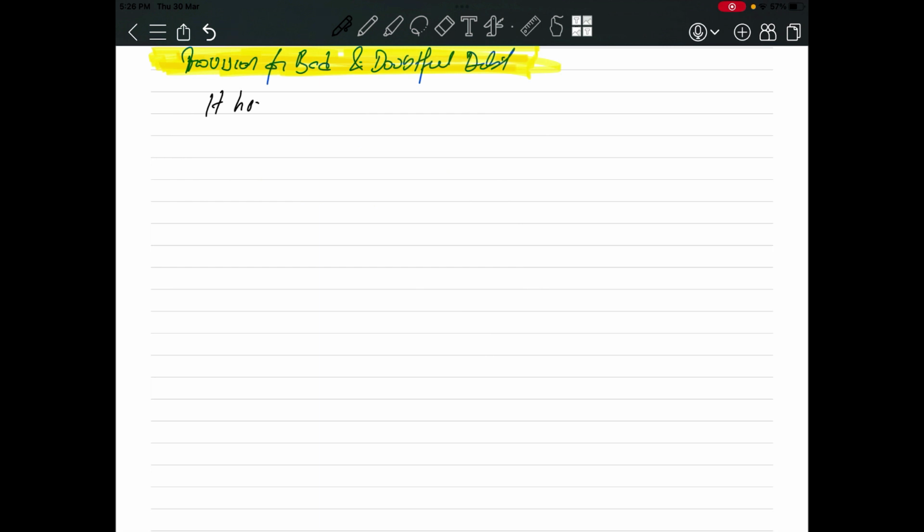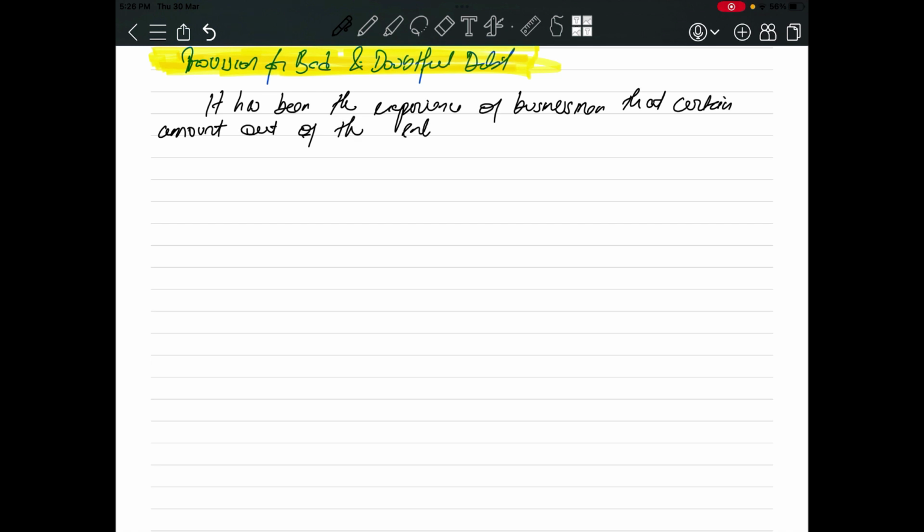Now let's see. It has been the experience of businessmen that a certain amount out of the entire amount of debtors will definitely prove to be bad.